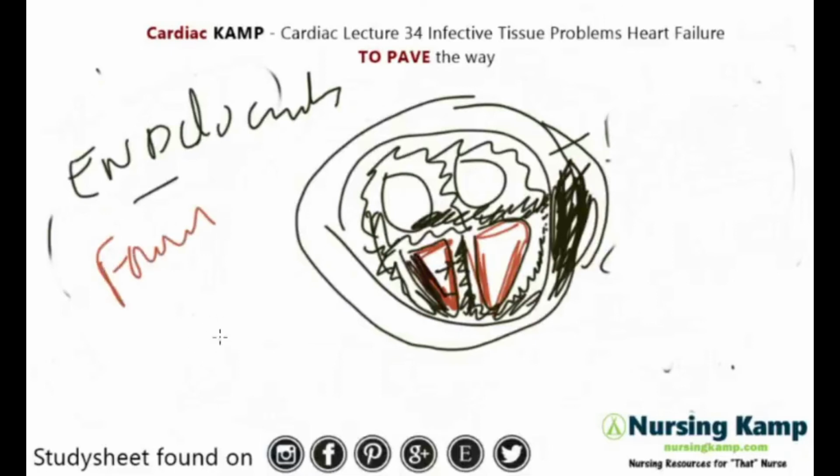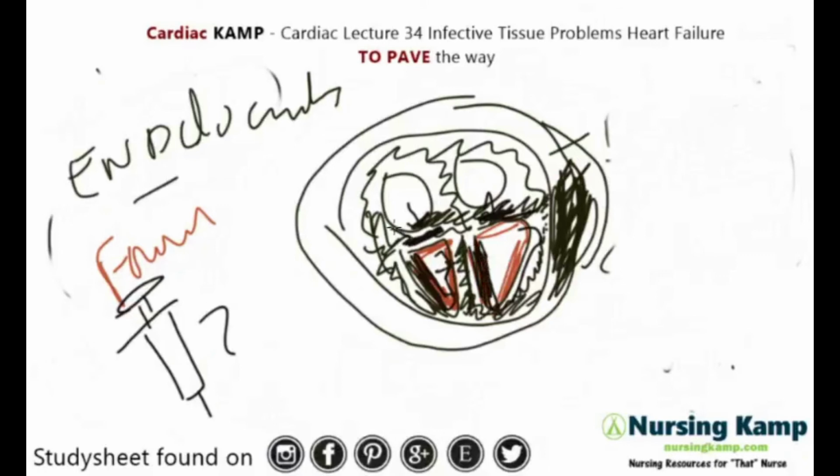And what I mean by that is like IV drug use, where it's introduced into the blood and affects these valves and causes problems. Other things too, like congenital disorders, could affect the endocardium.